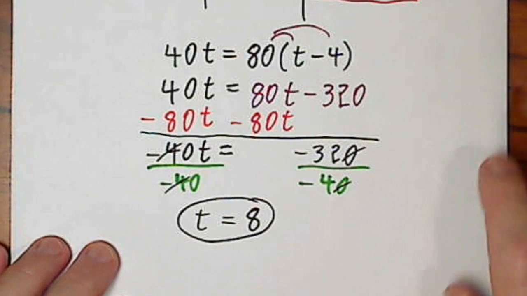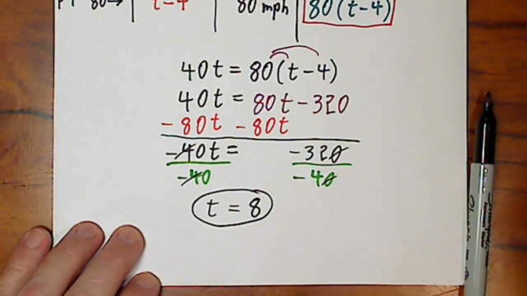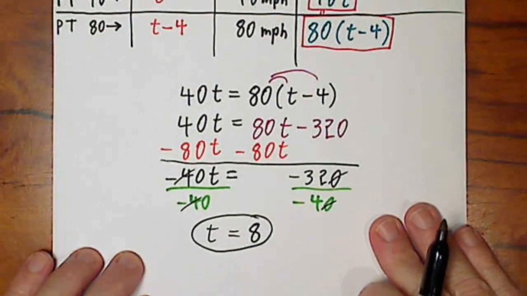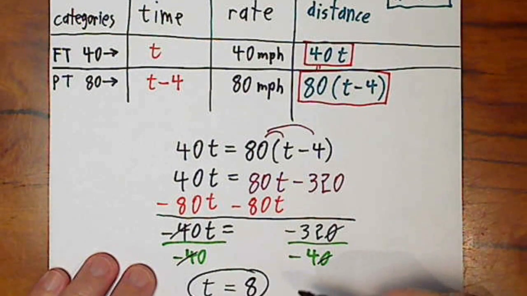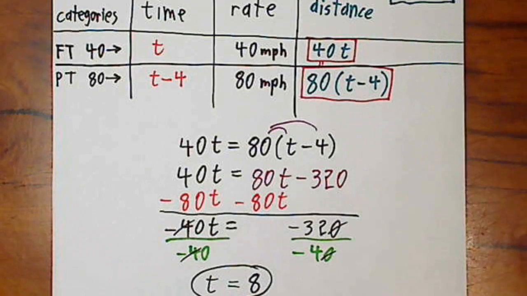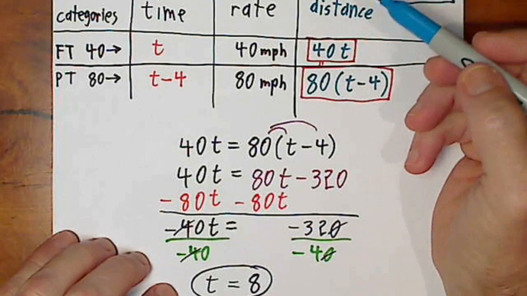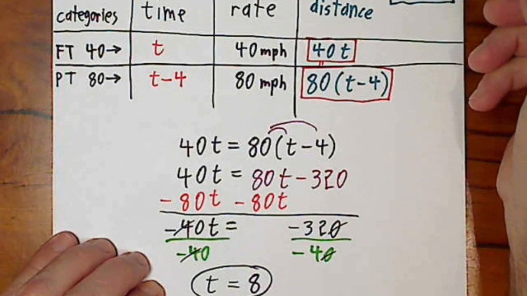Now I do have to zoom out. Alright, so let's see, our time is 8 hours, and what they want to know is, how long will it take the passenger train to overtake the freight train?